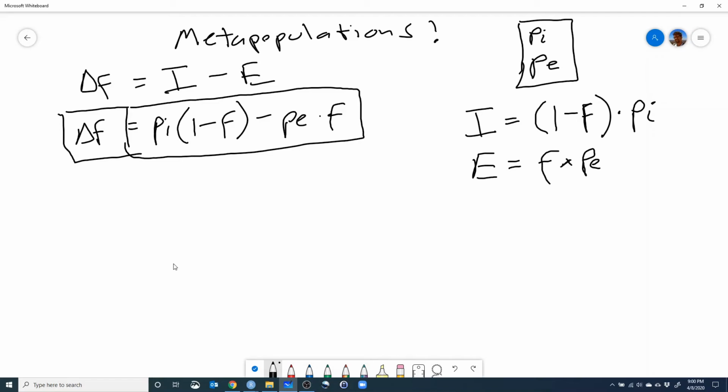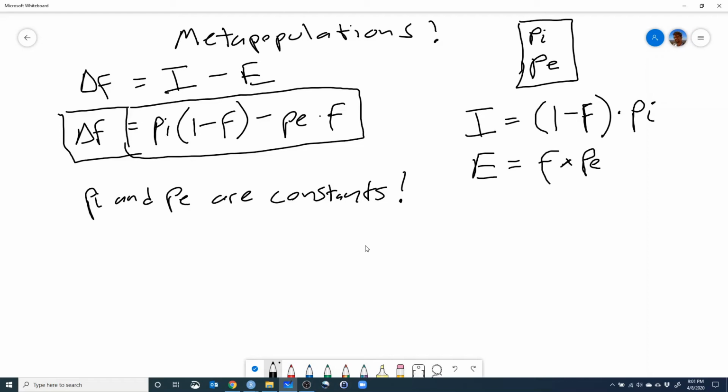Now this makes an important assumption as well, and this makes the assumption that P sub I and P sub E are constants. What does that actually imply?